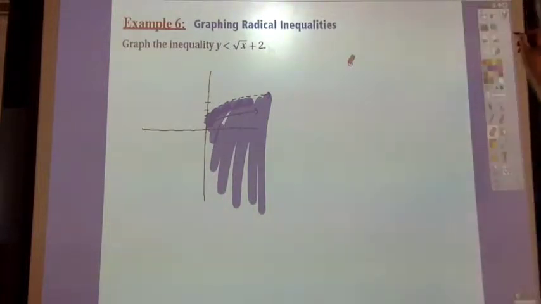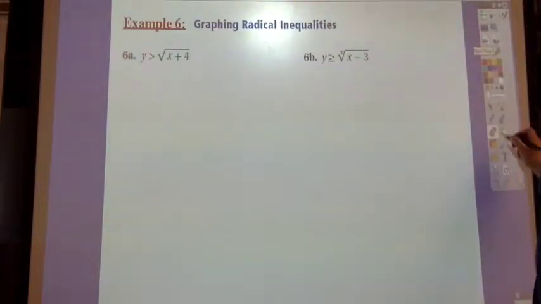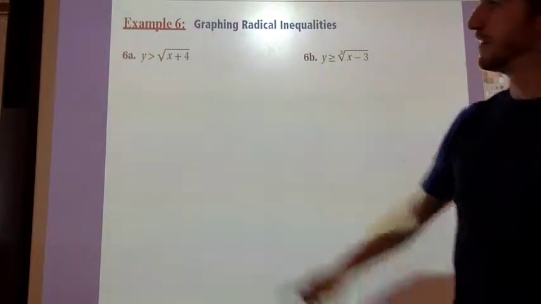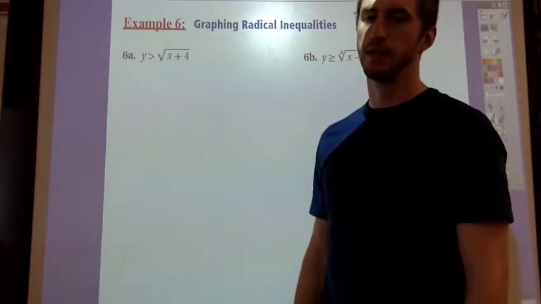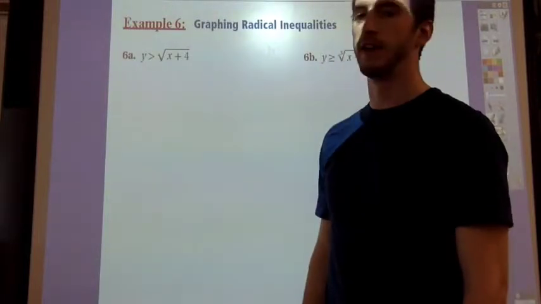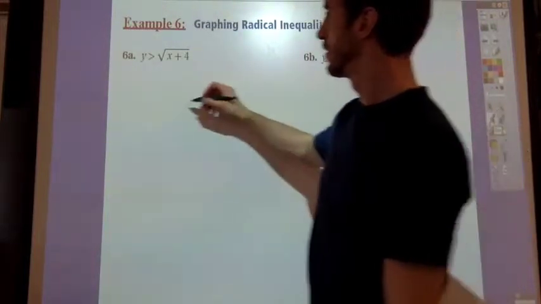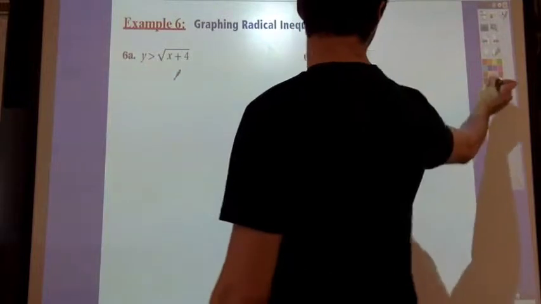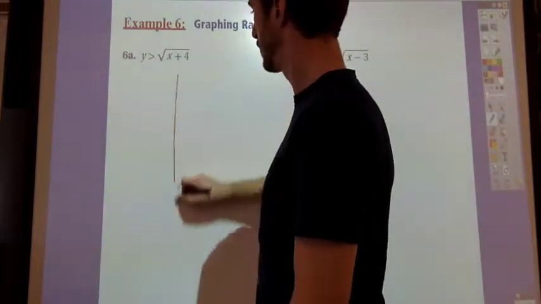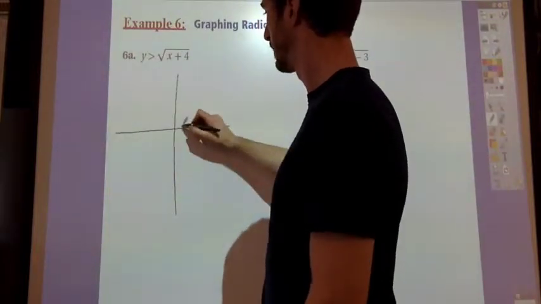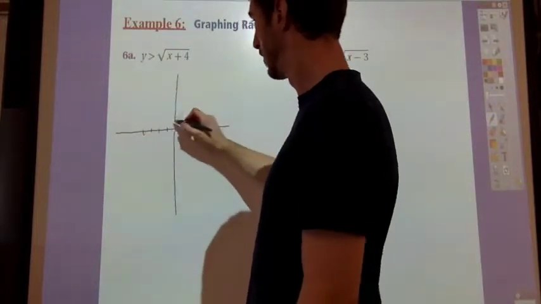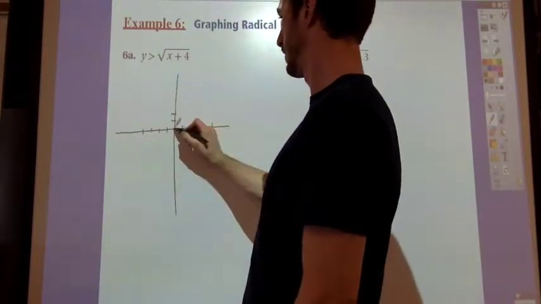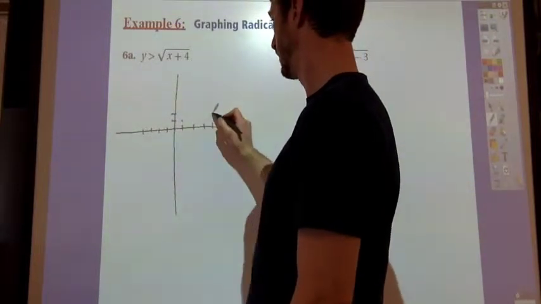Okay. These are for you to try on your own. This one, we've got y is greater than the square root of x plus 4. So let's go ahead and graph our function here. I'm going to graph my parent function first because I like to do that. So we've got a dot here, here.